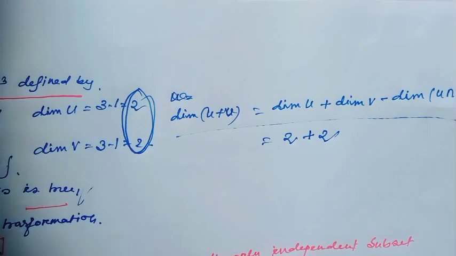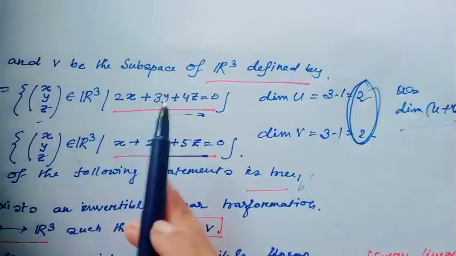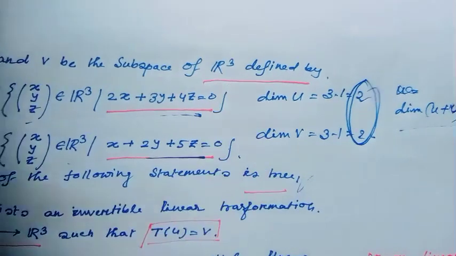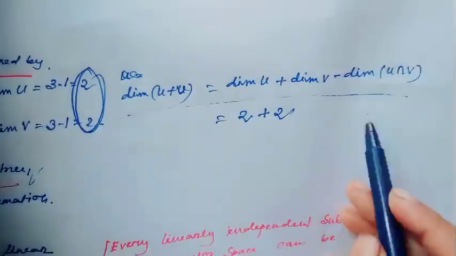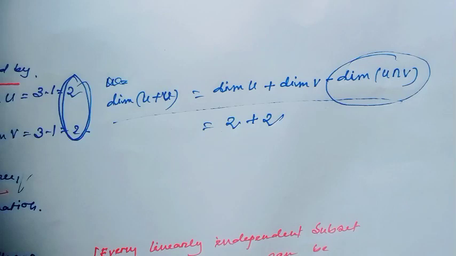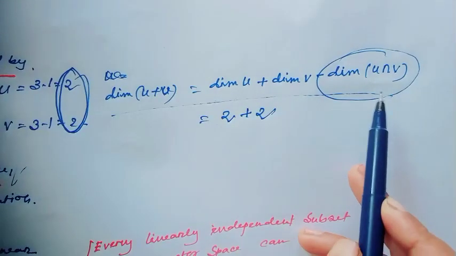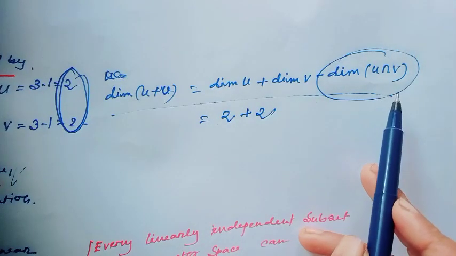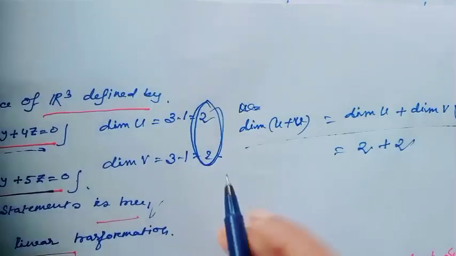But obviously U and V are subspaces of R cube, so there always exists one vector in U intersection V. That means in the intersection there always exists one common vector. The basis would be of such a type.